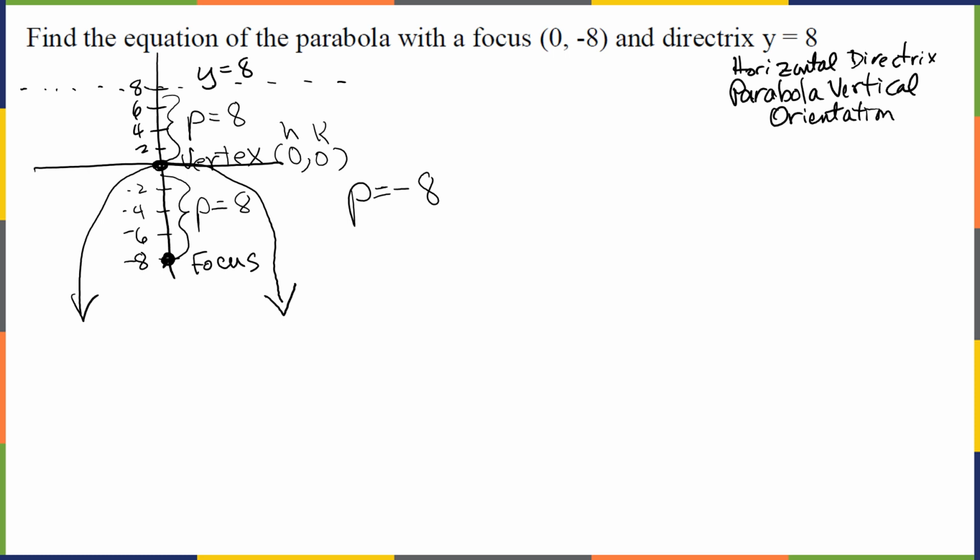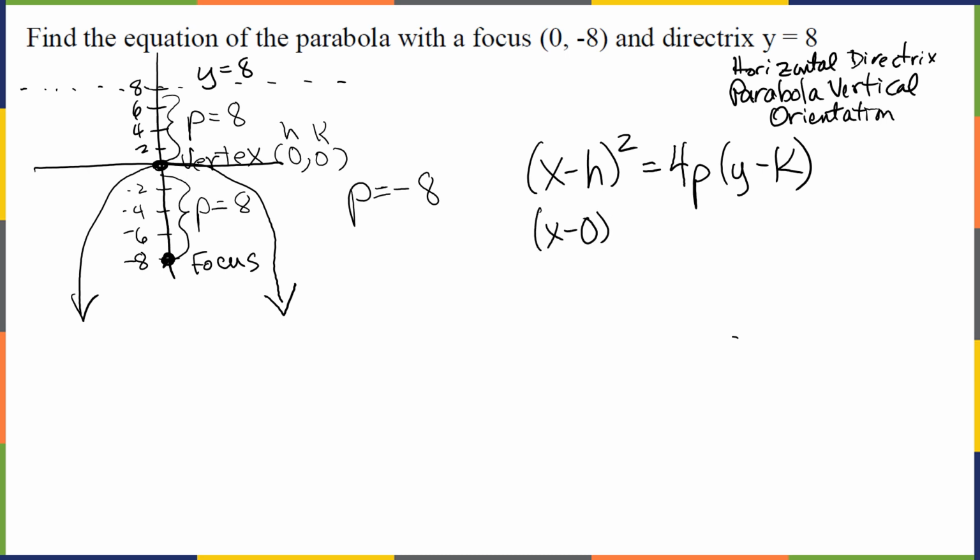So now we're ready to take the standard form of a parabola that has a vertical orientation, which is x minus h squared equals 4p times y minus k, and substitute the h, k, and p that we just determined. h is 0, k is 0, so this will end up being x minus 0 squared equals 4 times the p value of negative 8 times y minus 0.